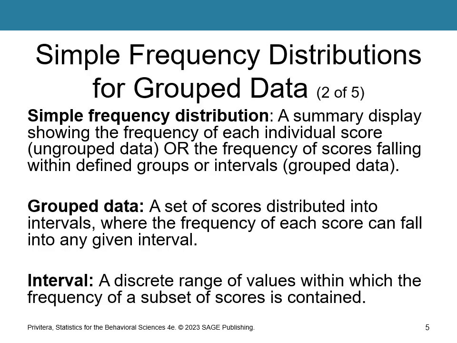Each score falls into exactly one interval, and we count how many scores are in each interval. The key insight is this: with large data sets containing many different values, it's generally clearer to summarize frequencies in groups or intervals rather than listing every individual value.